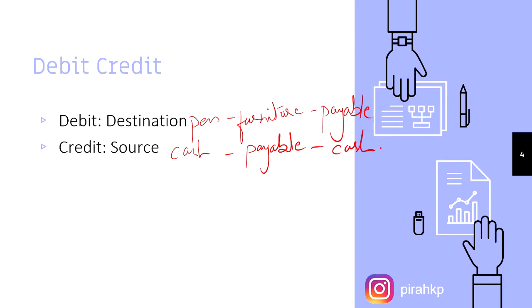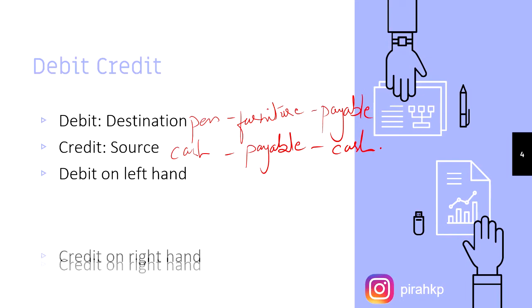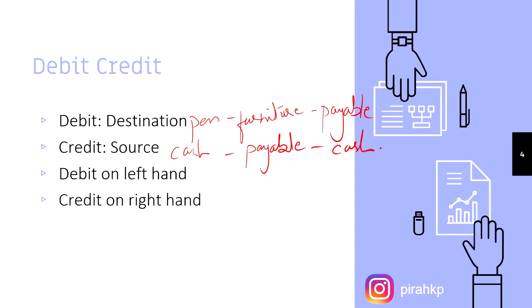And then how did you pay for it? You paid cash for it. You paid your money for it. So that's your source. And what's our source? Our source is our credit. And that's how you will identify debit and credit in your transactions. Debit is on the left hand side, whereas credit is on the right hand side.